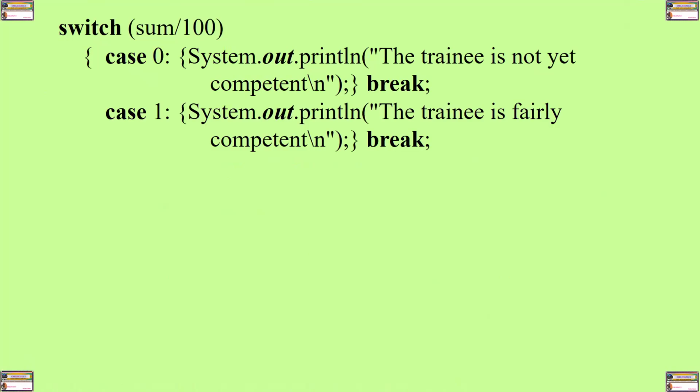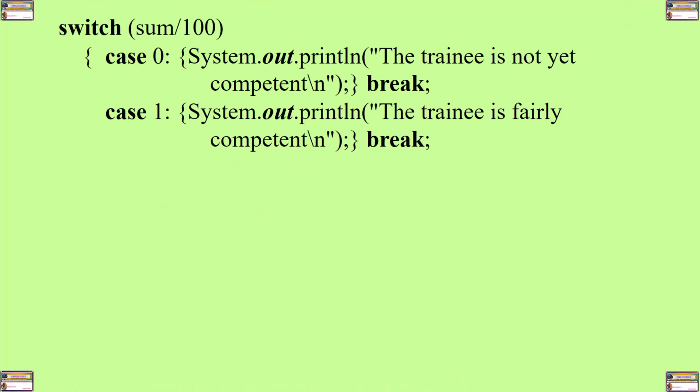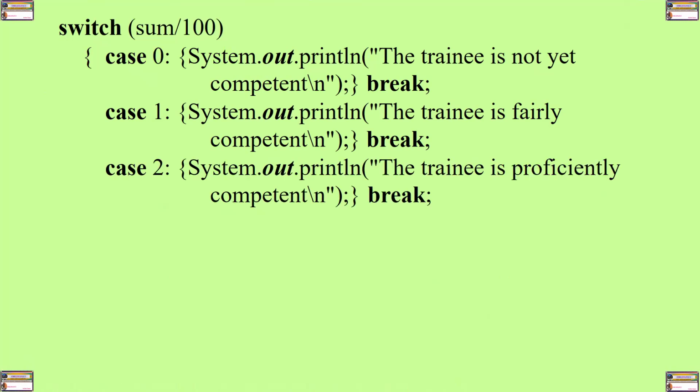Otherwise, if the expression evaluates to value 1, the processor will display the message that the trainee is fairly competent and come out of the switch structure.